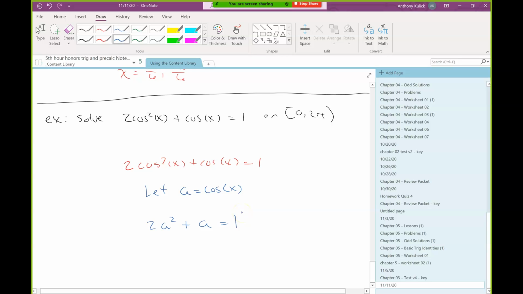Now it surely looks like a quadratic, right? How would you solve this quadratic? Good, so Josh says let's move the 1 to the other side so that it equals 0. Great. Then what?